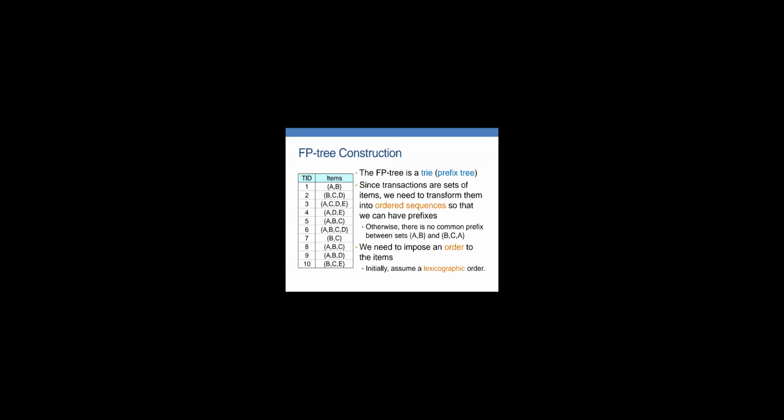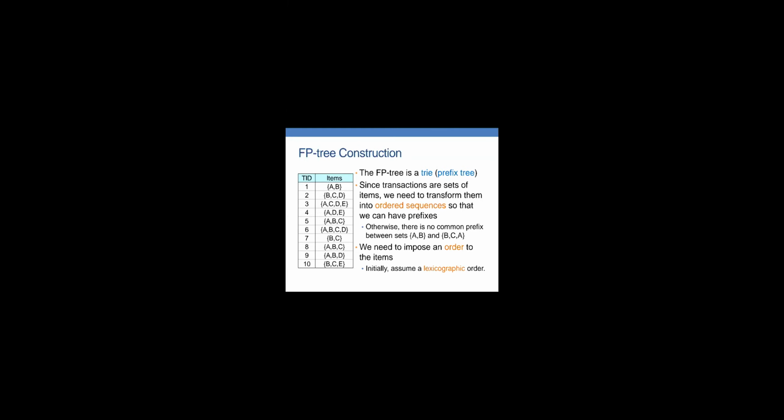So see the FP tree construction, how you construct the FP tree. In the FP growth algorithm, first comes the construction of the FP tree, and here we use the prefix tree.